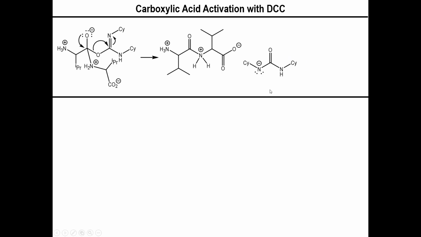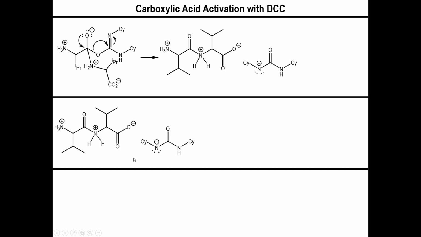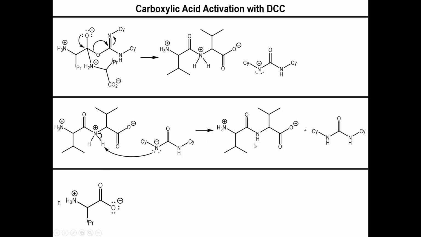But that creates your monodeprotonated dicyclohexylurea derivative. At the same time, you have now created your amide bond. This thing is protonated at the moment, so that protonation will be taken care of by this deprotonated amide. So we'll simply take that proton away. Those electrons will move over to nitrogen, making the amide bond in between neutral. And now you have formed also your byproduct dicyclohexylurea.